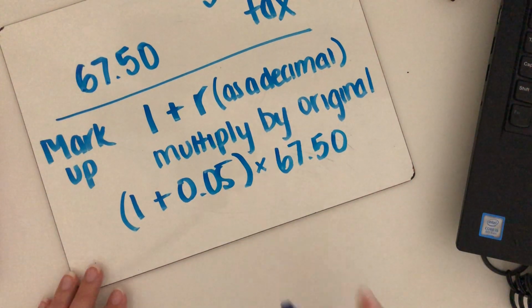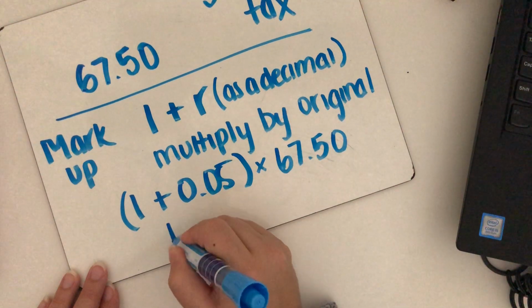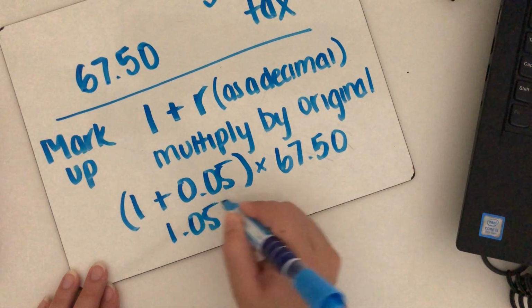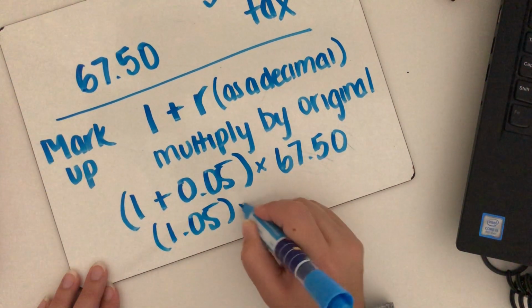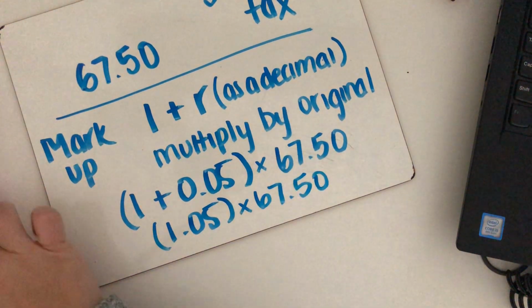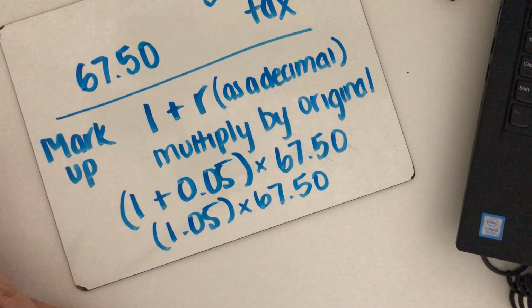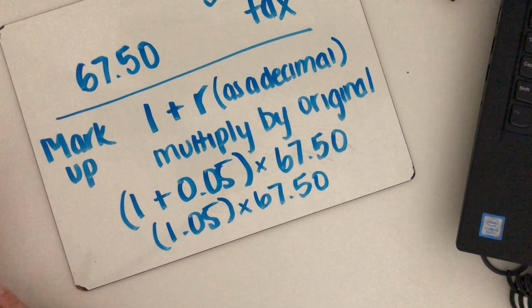When I add these together, I get 1.05. Then I'm going to multiply that by 6750. I'm going to use my calculator because I've now run out of space. So I have 1.05 times 6750.